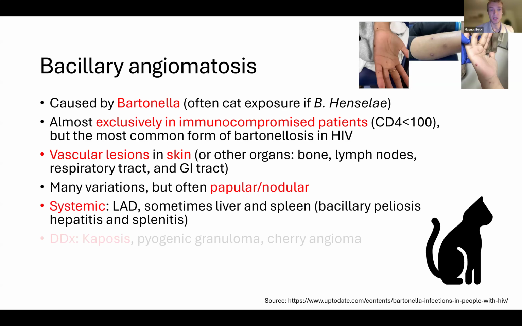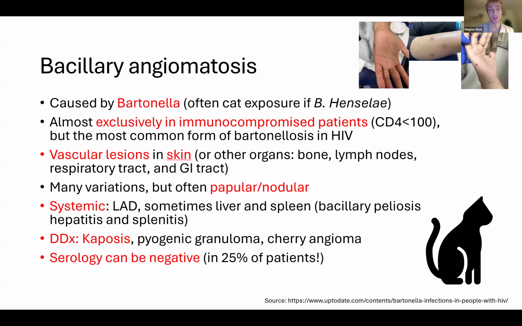So we can also see that in HIV patients. And the DDX is mainly Kaposi sarcoma, which also is a vascular tumor, and then other, more benign, usually skin or vascular lesions.